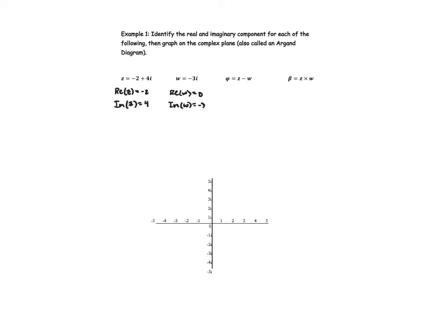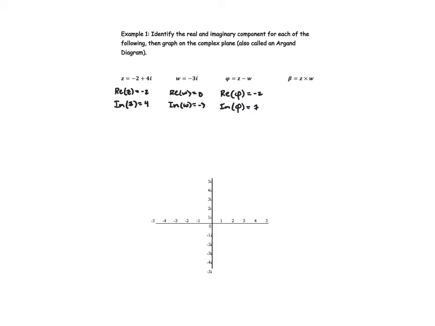All you do is attach the real number coefficient for the imaginary component. Okay, the real portion of psi is going to be the real portion of z minus the real portion of w, which will be -2 minus 0, which is a -2. The imaginary component for psi, the Greek letter, will be 4 minus a -3, which will be a 7.